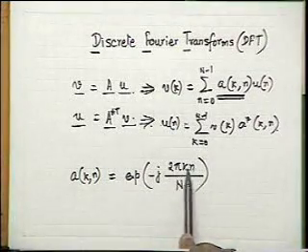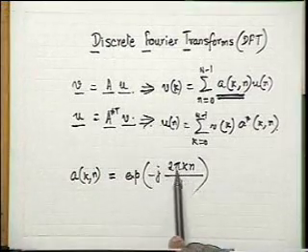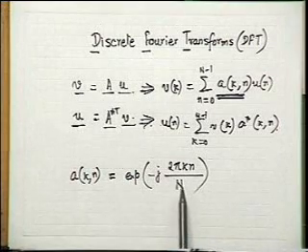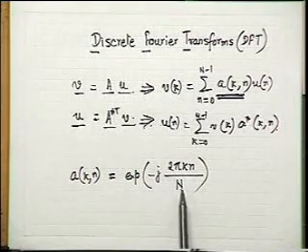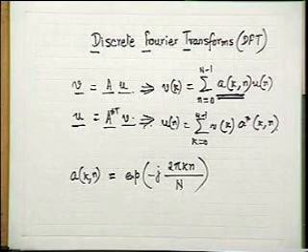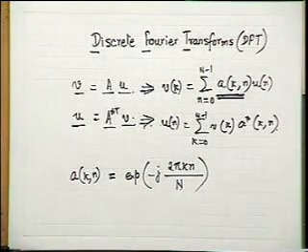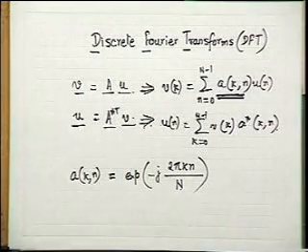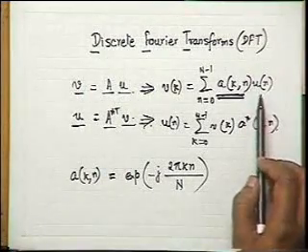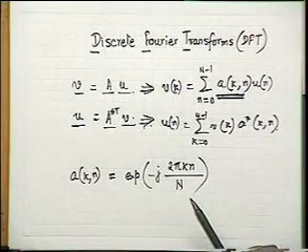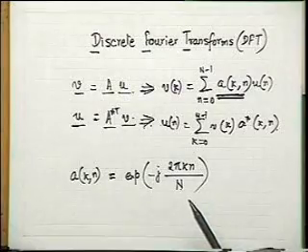What I have is simply this k n product multiplied by 2 pi by capital N, where capital N, which appears in the denominator, is nothing but the number of samples, or rather the length of the sequence, because I have considered the original sequence un to be of length capital N. Right now I am defining the discrete Fourier transformation only in one dimensional form. Two dimensional form is a very simple extension.